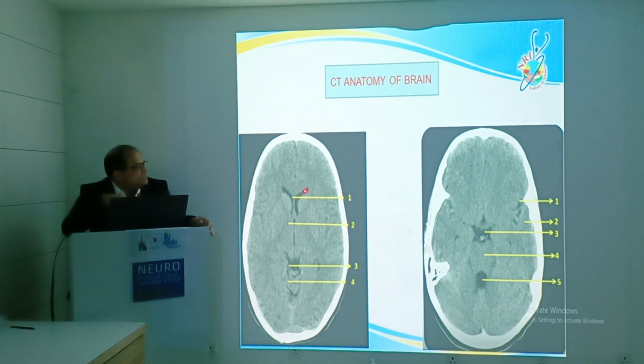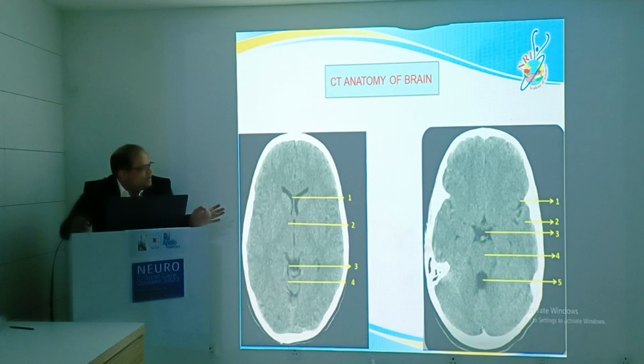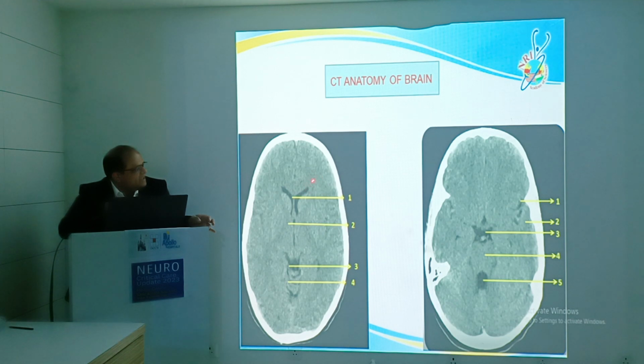And in between, not black but between black and gray, if that color is present in that zone, we call it infarct.